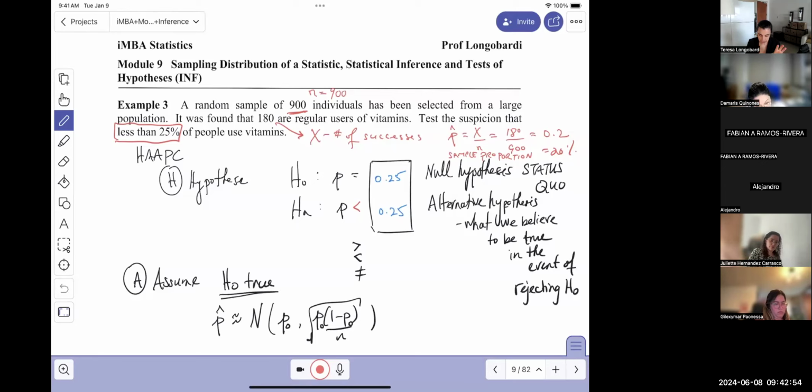So this is the powerful thing that I do. I make the assumption, and then I check if it's a good one, if it's accurate, by using the normal pattern of the distribution.